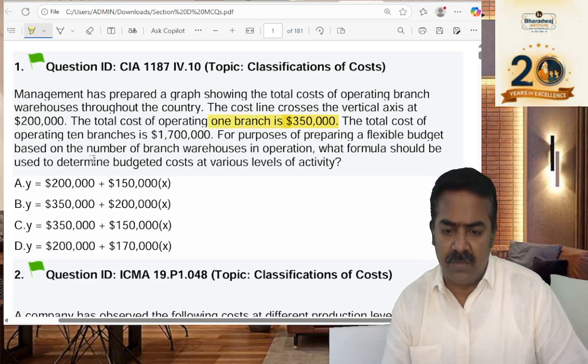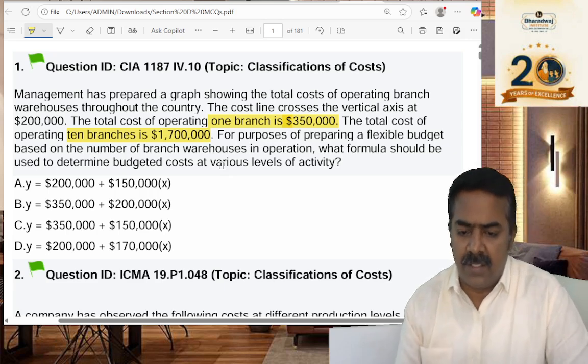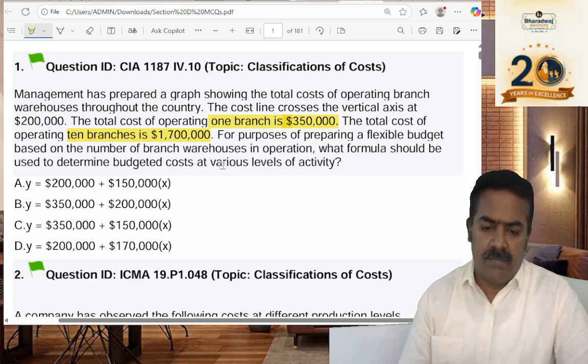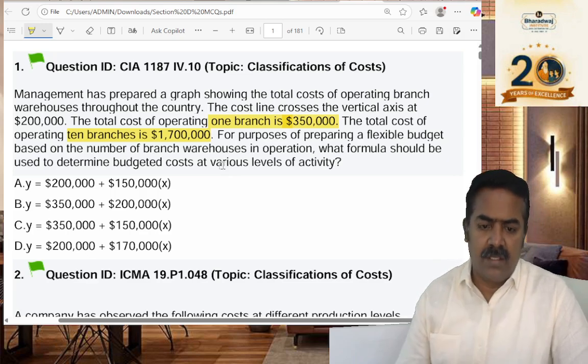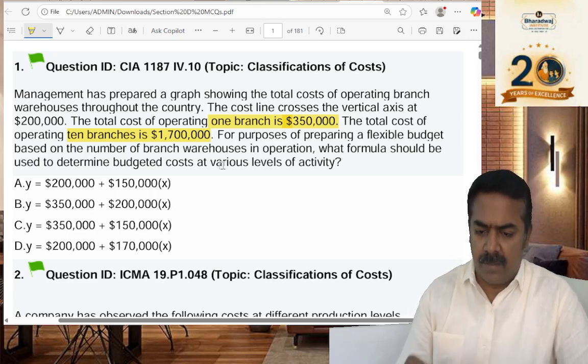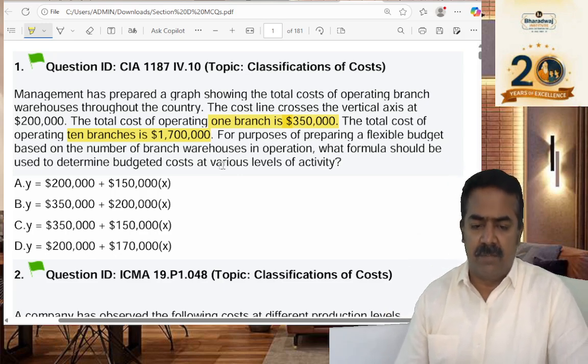$3,50,000. Total cost of operating 10 branches is 17 lakhs. For the purpose of preparing a flexible budget, based on the number of branches for warehouse operation, what is the formula that will be determined? Budgeted cost for various levels of activity.